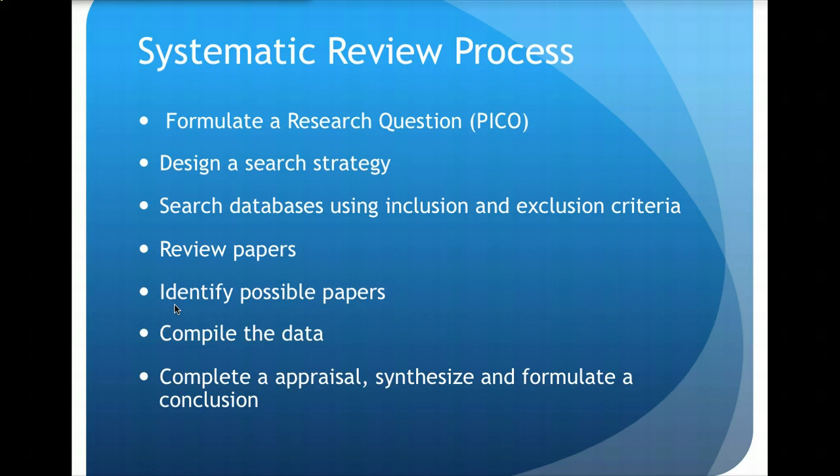You're going to search databases using inclusion and exclusion criteria that you felt best represented what you were looking for to answer your question. You're going to review a numerous amount of papers. And then from that group of papers, you're going to identify the best quality of evidence to be used to answer your question.